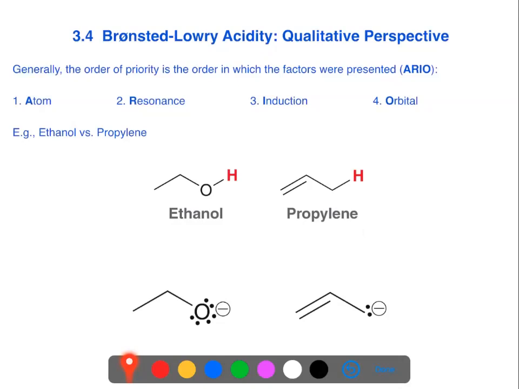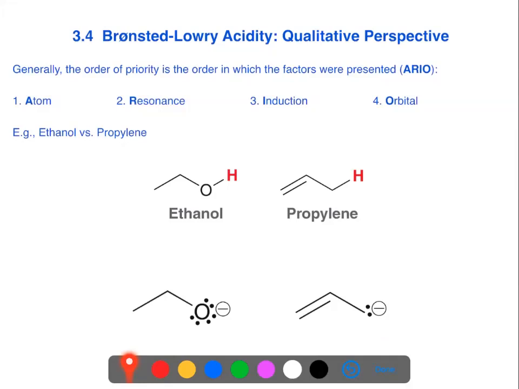Now, in this particular example, if we look to our first factor, atom, we see that with the ethoxide, the additional electron is associated with an oxygen center, versus propene, where that additional electron is associated with a carbon center. And so carbon being less electronegative than oxygen, just using the atom effect, we would say that the ethoxide ion is more stable than this propanide ion.